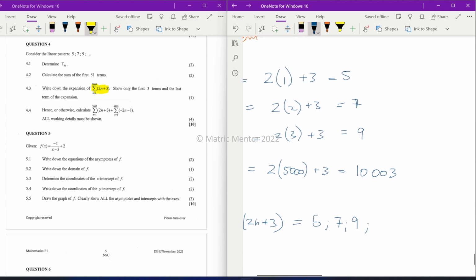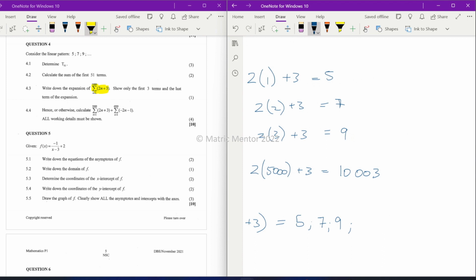Then, oh, sorry, this is incorrect. We do not put semicolons because this is a sum. So basically it's a series because we're adding up each term. Therefore we say plus, and then we put plus dot dot dot plus 10,003 to show that there are numbers to be added in between, which is indicated by these ellipses, but we're only going to show the first three terms and then the last term.